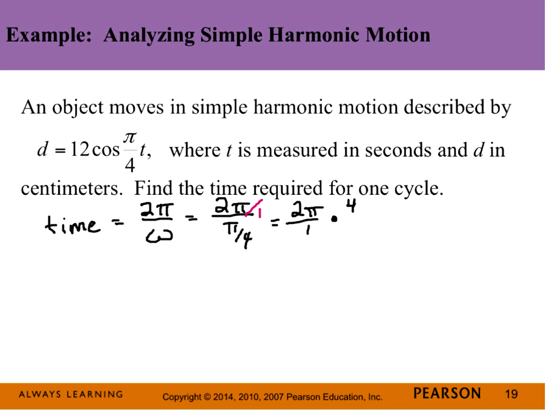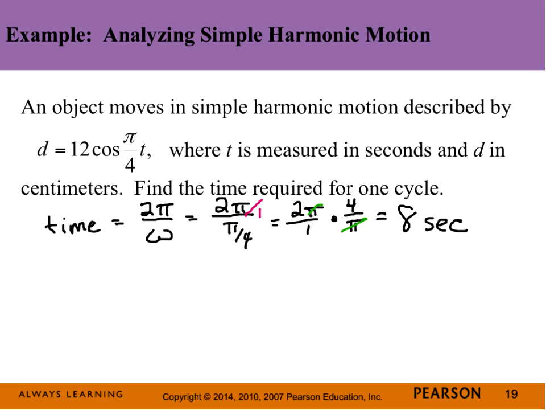So I have 2 pi over 1 divided by pi over 4, which is the same thing as 2 pi over 1 times the reciprocal, 4 over pi. My pi's divide out, and I get 8 seconds.